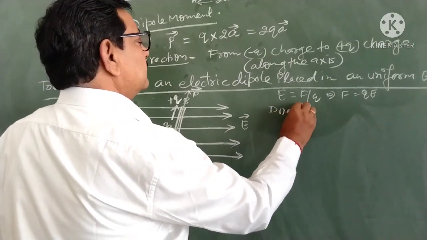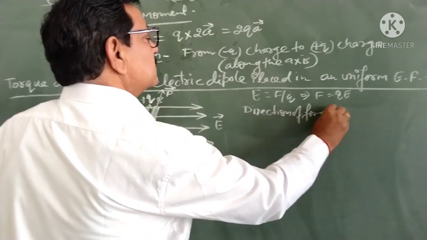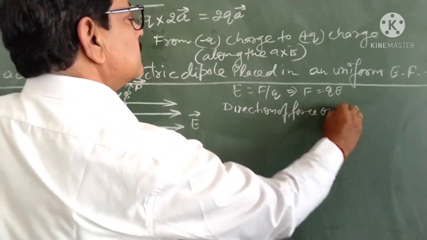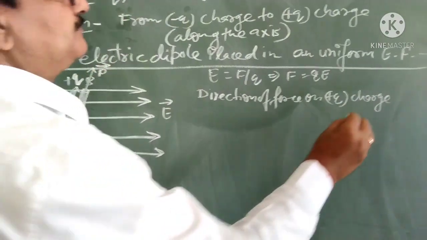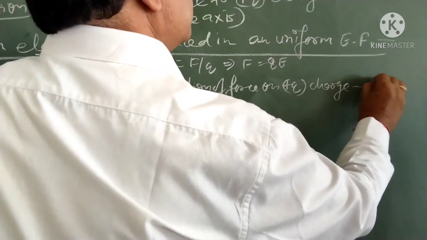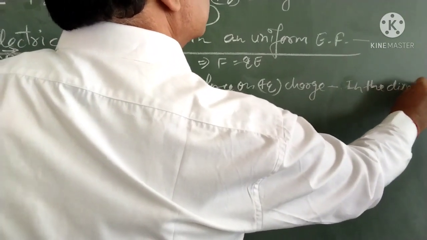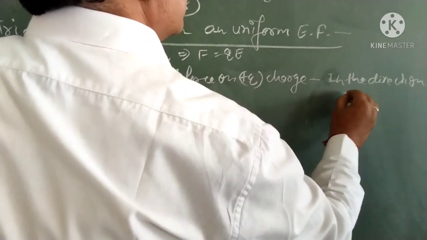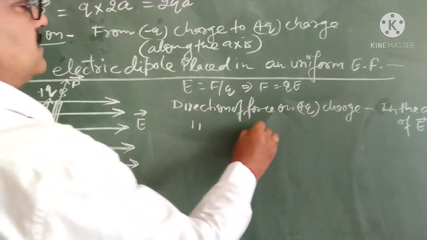The direction of force on plus q charge is in the direction of electric field, vector E. इलेक्ट्रिक फील्ड E, वेक्टर E के डायरेक्शन में होगा.